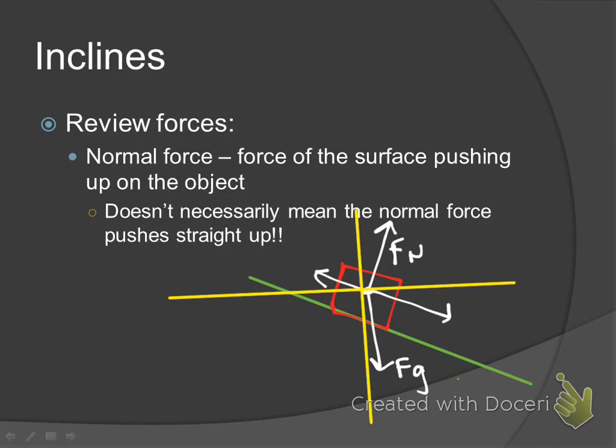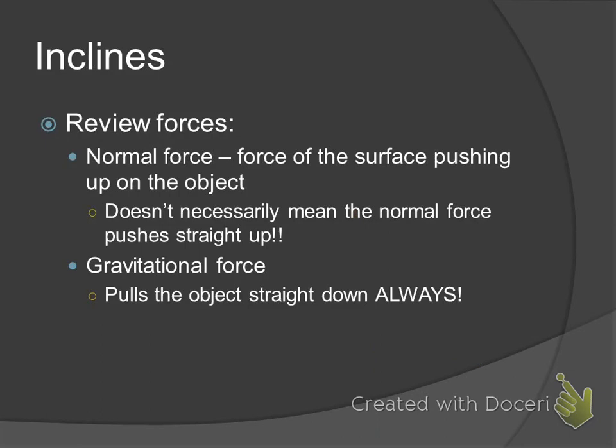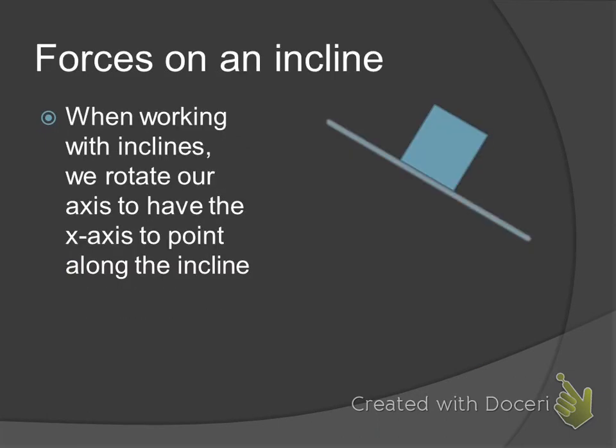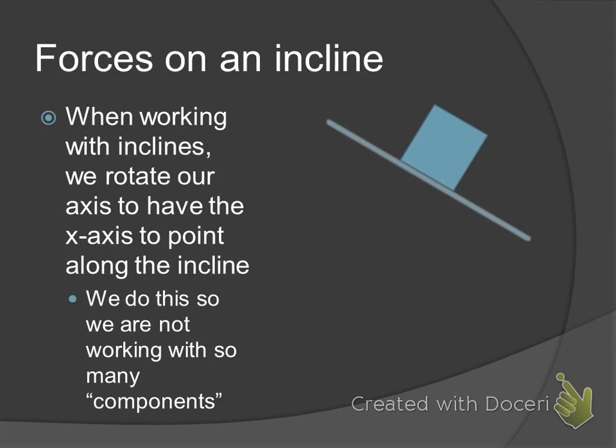We've got problems. So the way we fix that is that we're going to rotate our axes. We're just going to rotate our coordinate system to match the incline. It's much simpler. That way we don't have to work with three forces that have components. Now, what's the one force that has components? Gravity. So let's see what it would look like again.